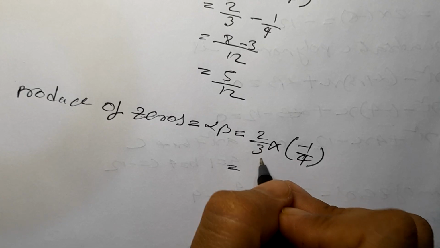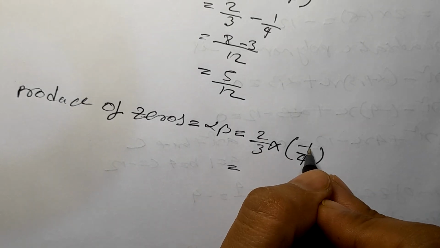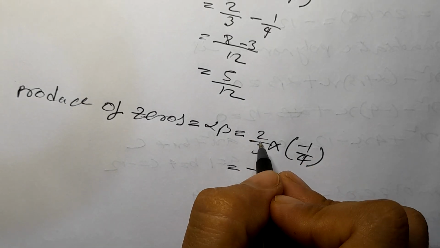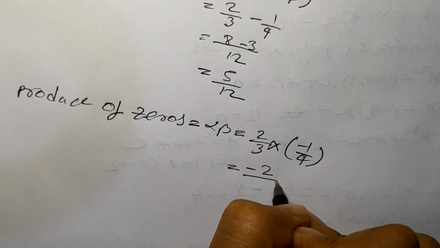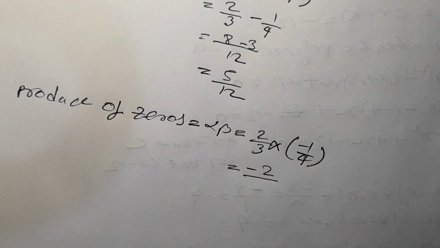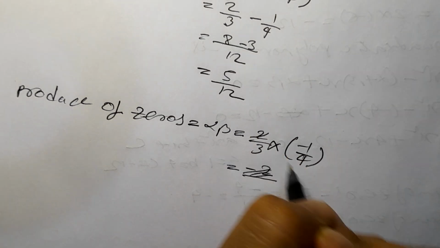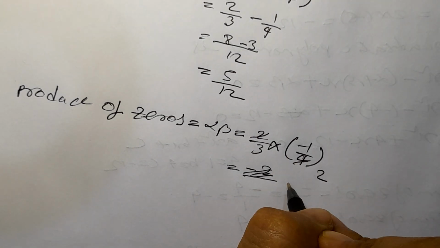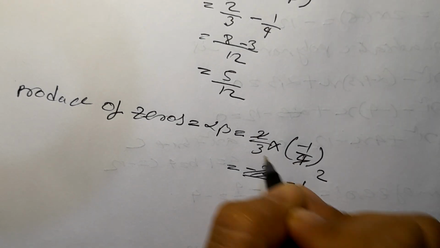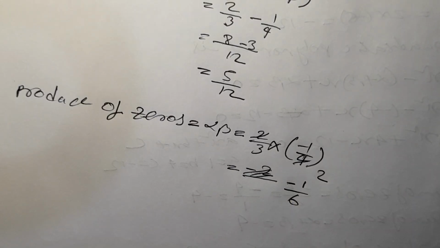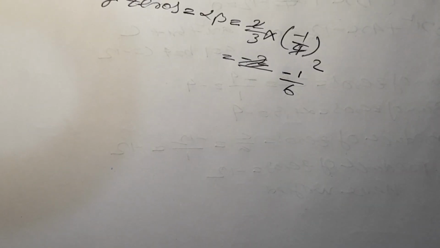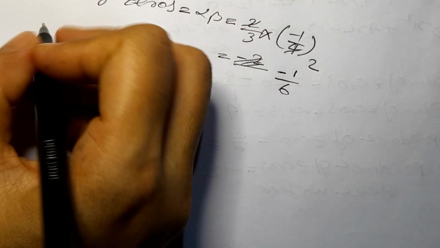Denominator and denominator will be multiplied, numerator and numerator will be multiplied. So it will be minus 2 divided by 12. I think we can cancel it. 2 into 6 is 12, so it will be minus 1 by 6. We got a sum, we got a product. Now we can find the quadratic polynomial.